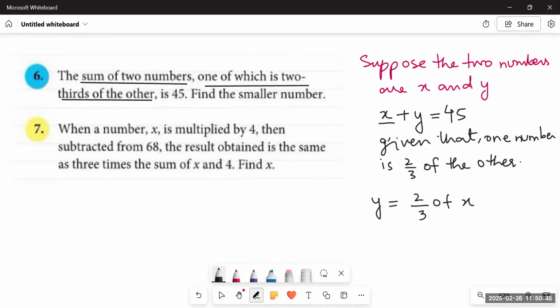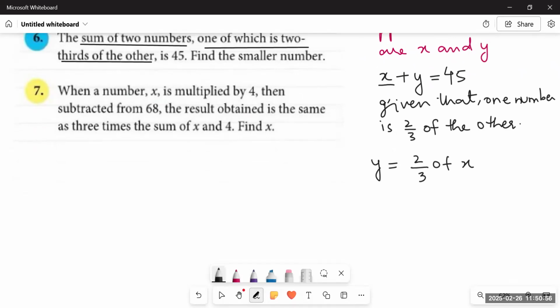So you can write x is equal to 2/3 of y, or y is equal to 2/3 of x, since there is no other information provided for these numbers. Of means multiply, other means the other number. So we can say that y is equal to 2/3 of x, which is y equals 2/3x.